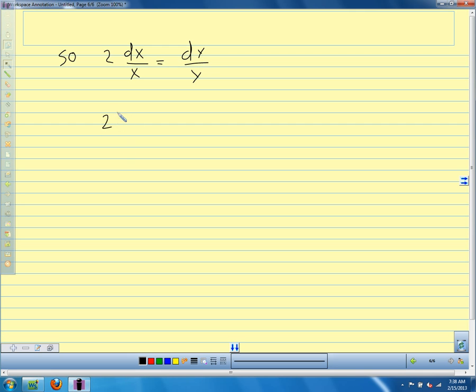So 2 natural log x equals natural log y plus a constant, some constant. We know that the particle starts at 4, 3. That was our initial condition. How can I rewrite this expression?